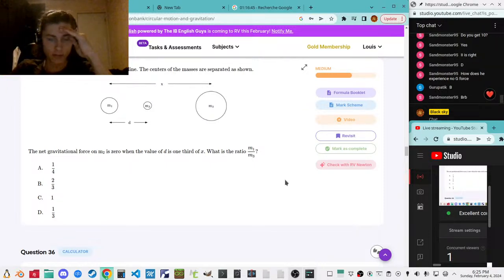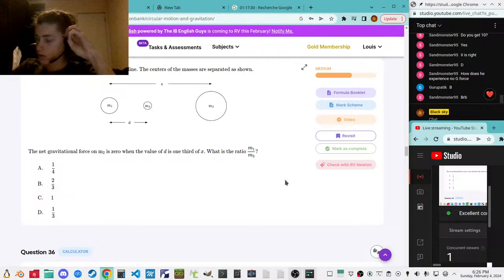So what we're going to do is use the equations we've been using, where D replaces R. So you have M1 M2 divided by D squared is equal to, because there's 0 resultant force, M2 M3 divided by x minus D, squared. M2 cancels of course.